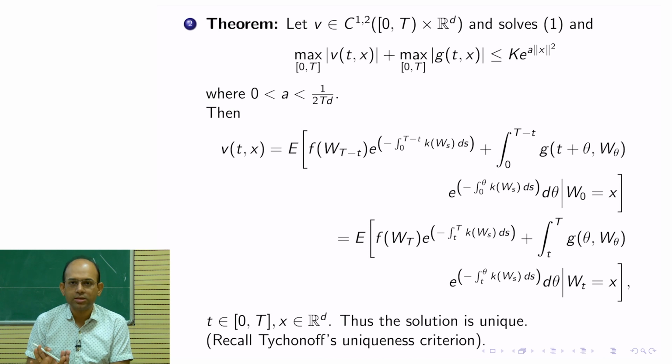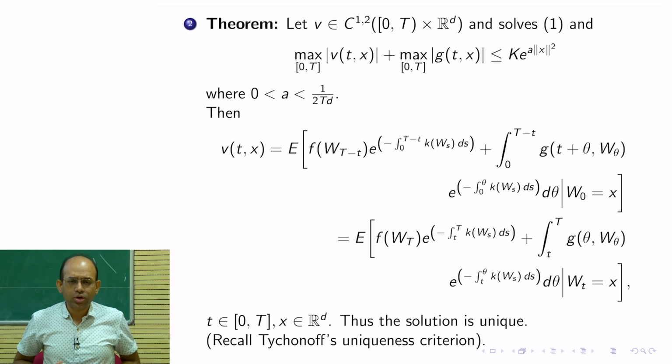Because the data is given for capital T, and now we are inside, a little before capital T. So, you need to integrate small k from small t to capital T, etc. So, all this integration is from small t to capital T. So, this expression is a little more intuitive than the earlier one.